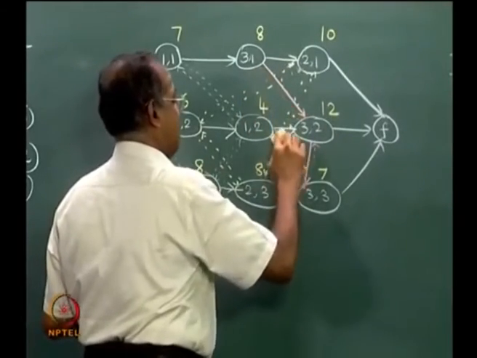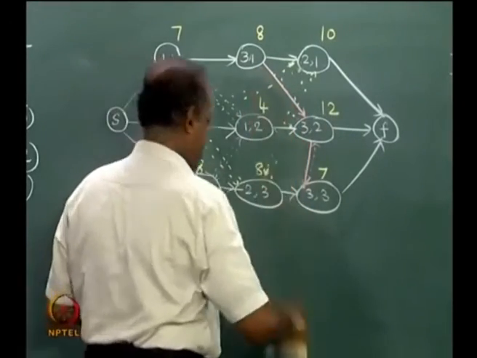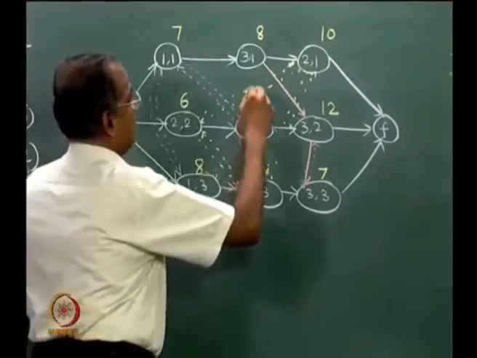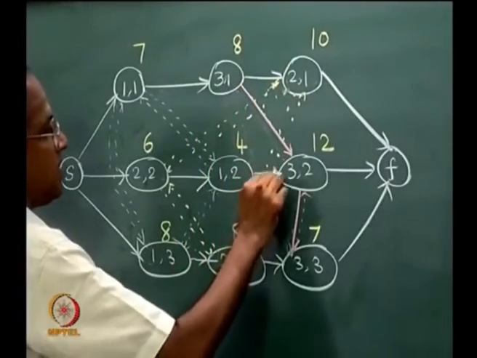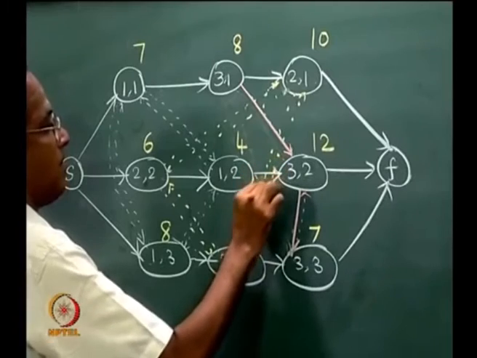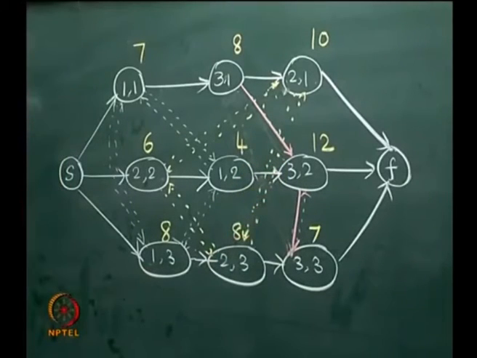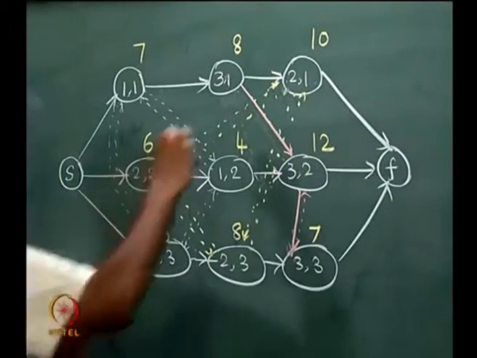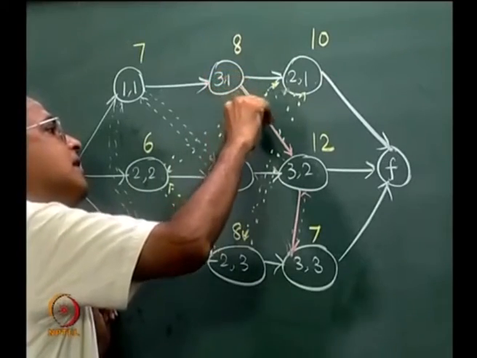So, we just have these 2 arcs coming into the picture. Now, let us mark it again with a thicker line.